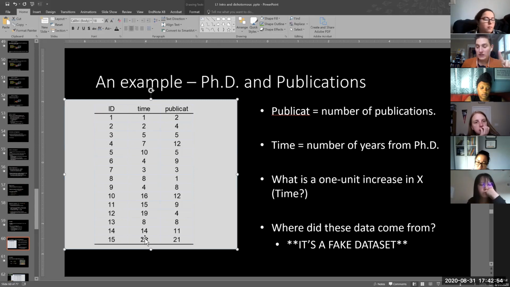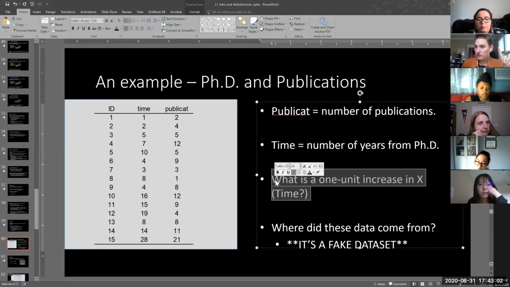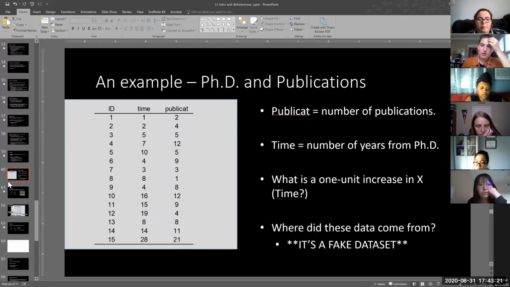So 1 unit is what in time? A year. 1 year, correct. Publicat represents publications. So this person has 2 publications and this person has 21. All right, so that's our fake data that comes straight out of the Cohen textbook.